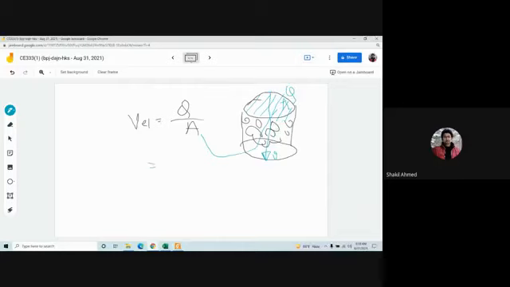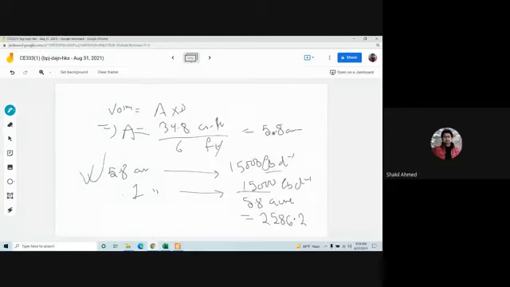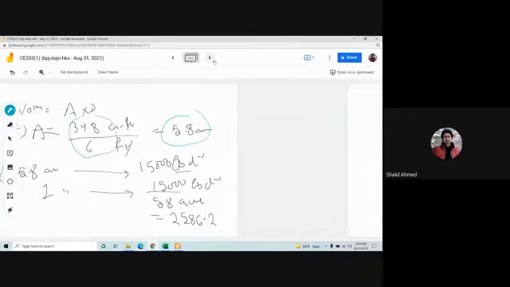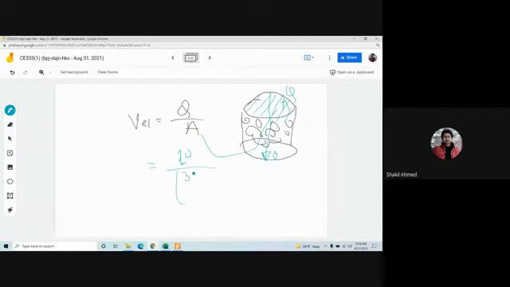So velocity is, what is the Q? Q is 10 million gallon per day. What is the area? You just determine what is the area. Area is 34.8 divided by 6, right? So what about the value?